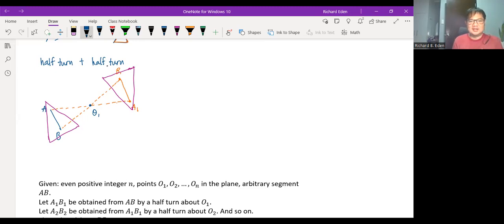So let's say here is where we have O2, red naman kunwari. So A1, ang image niya would be here. Okay, let's call it A2. And as for B1's image, let's call that B2.